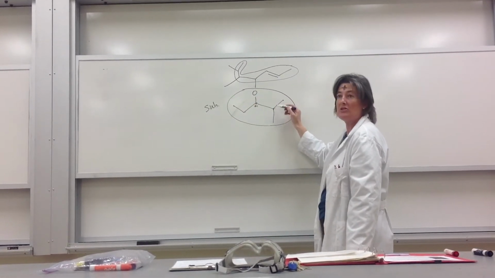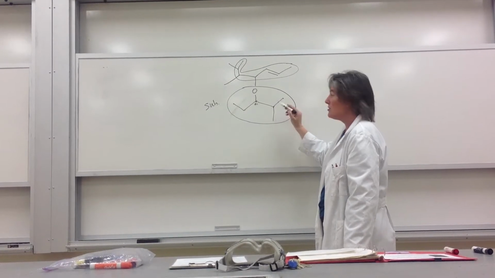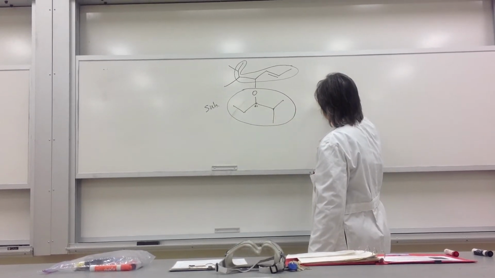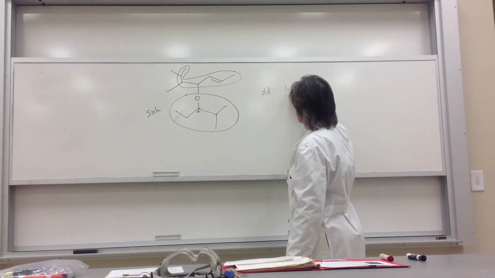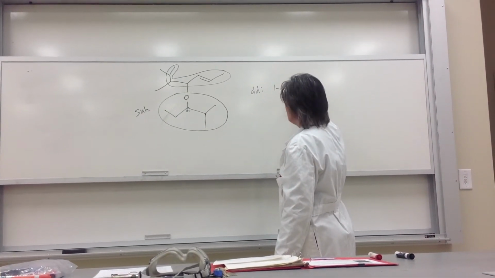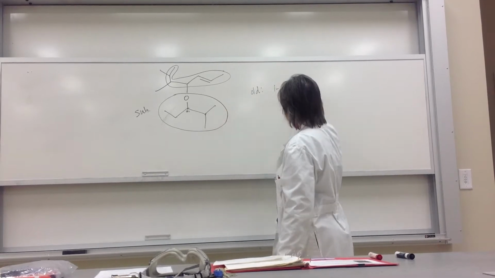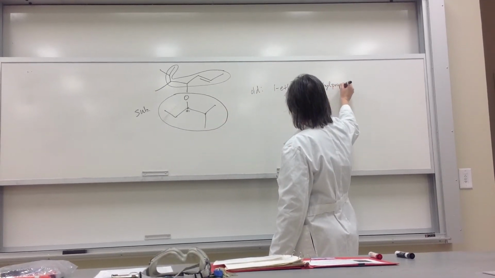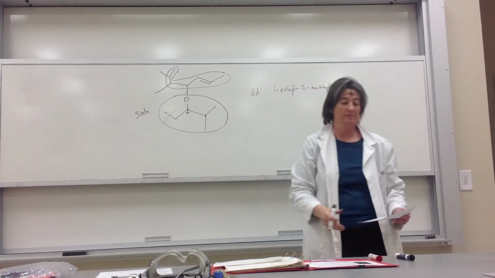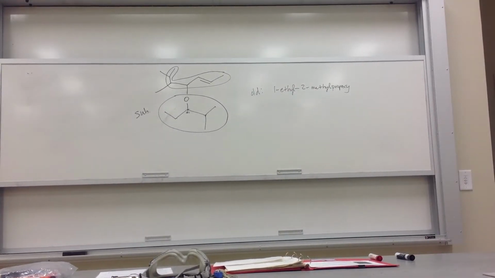This one has a substituent, so that's what I would choose. So under the old way, what I'm going to call this would be 1-ethyl, 2-methyl, propoxy. Okay, that's old.